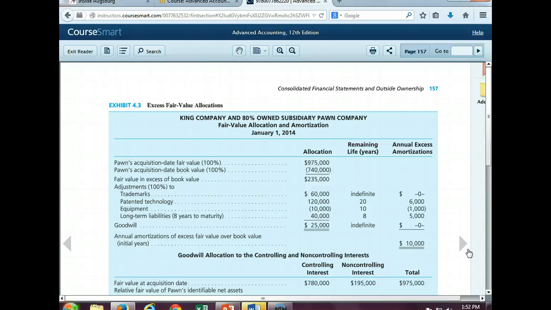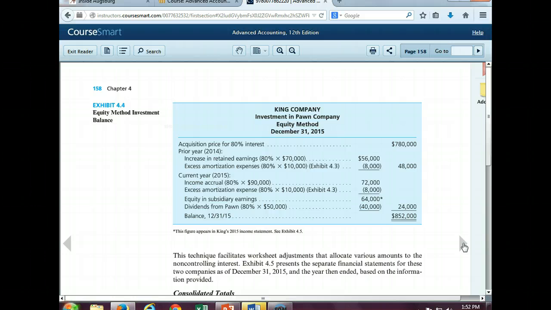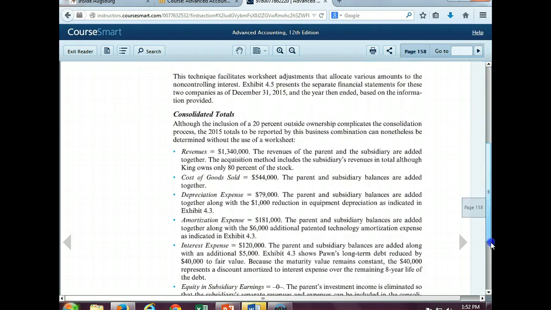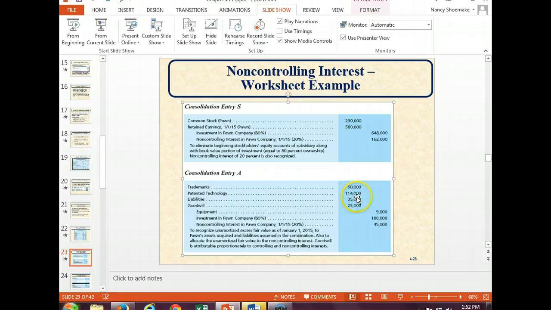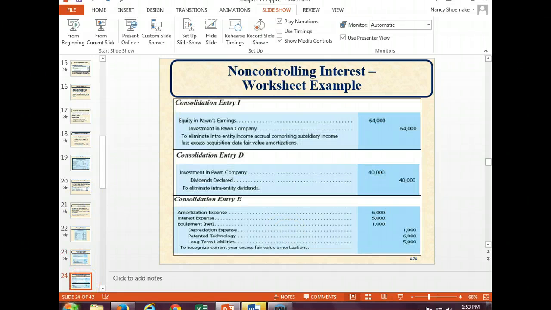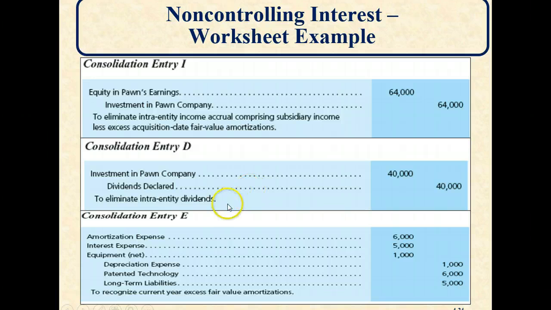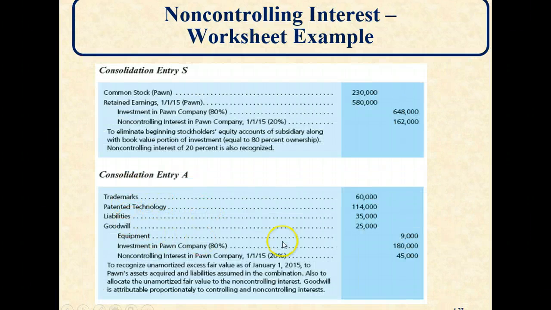So as we look here, let me just go back here. Let's go back to this portion. So as we look here with this particular consolidation entry showing our various recognized current year excess fair value amortization, this should be an adjusting entry E on its own that isn't showing this consolidation here with A, because this looks, it'd be different.